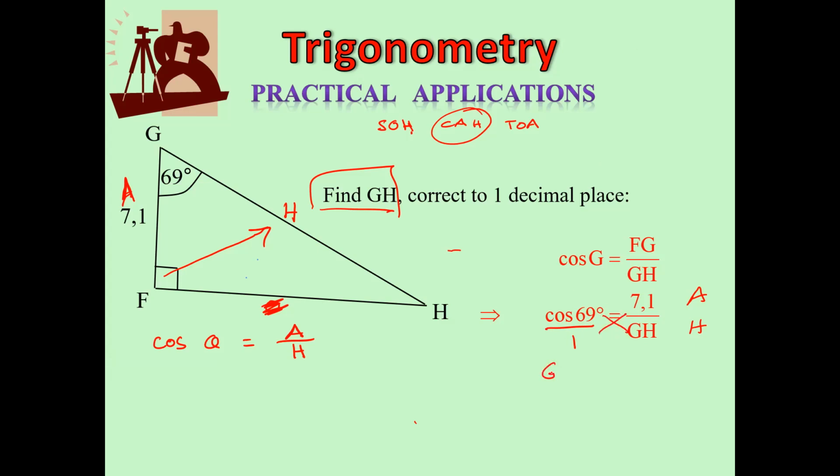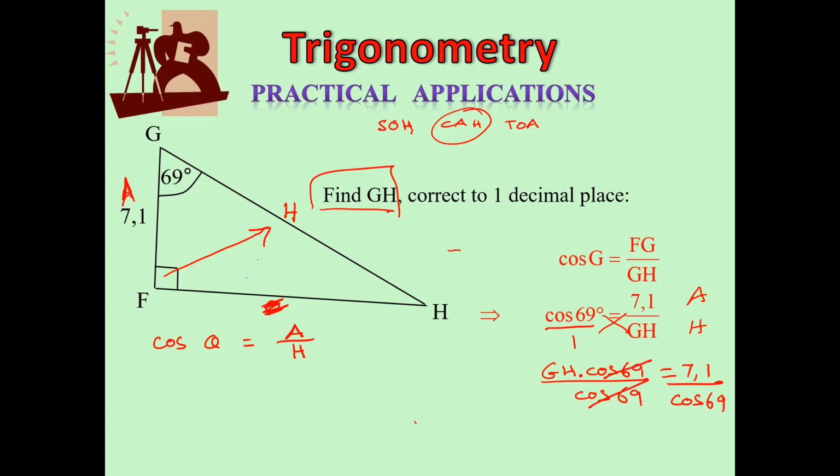So we're going to end up with GH cos 69 is equal to 7.1 times 1, which is 7.1. And to find GH, we have to divide by cos 69 on both sides, because whatever you do on the left, you're going to do on your right. So we have that canceling off.